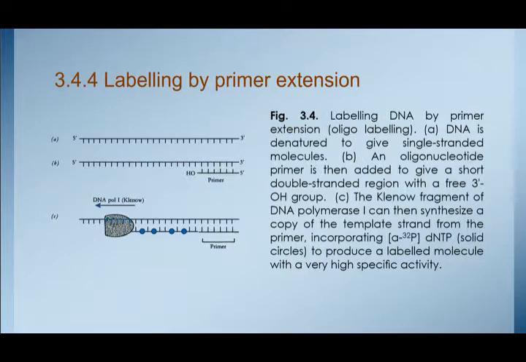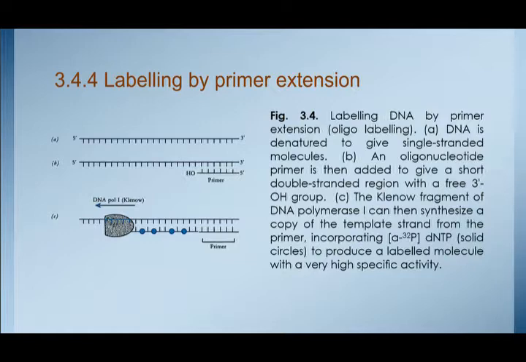In part C, the Klenow fragment of DNA polymerase I can then synthesize a copy of the template strand from the primer, incorporating phosphorus-32 dNTP to produce a labeled molecule with a very high specific activity.